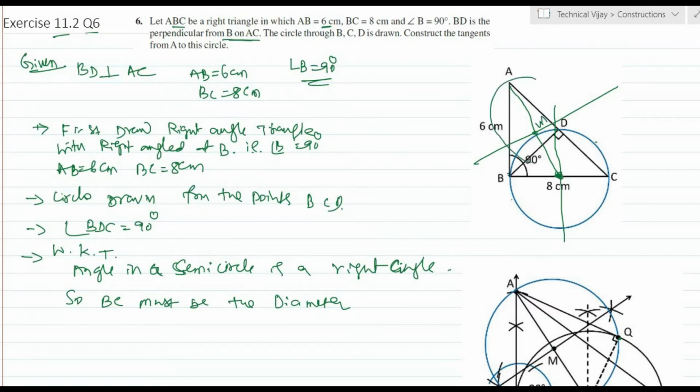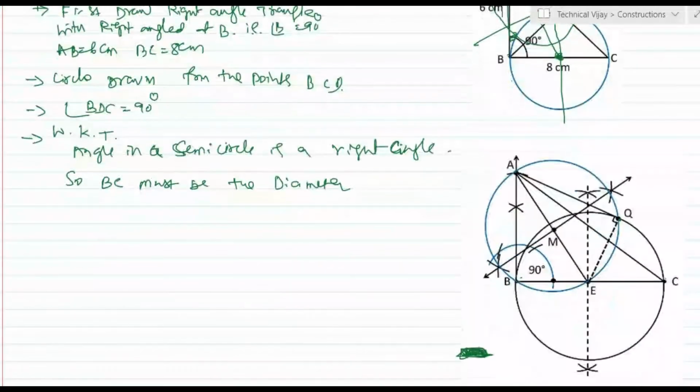So we have to draw a circle here. This point and this point are there, so these are the tangents. The same thing we have done here.